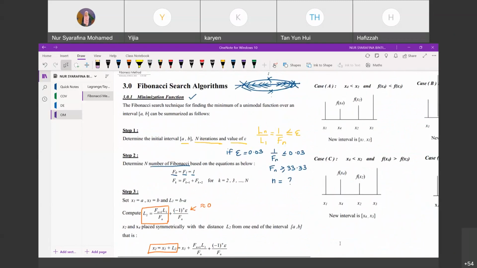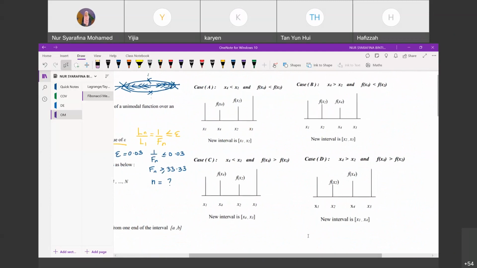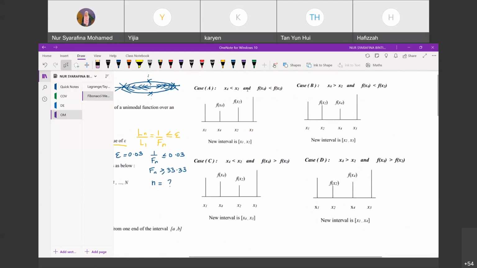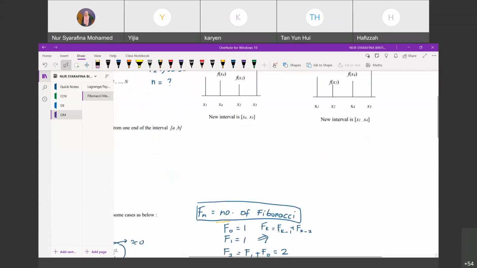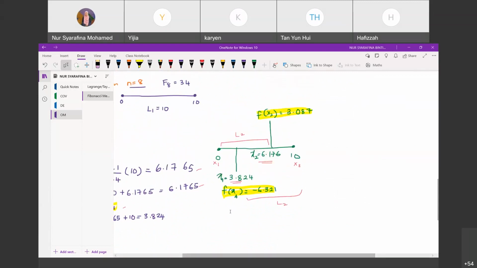So let's take a look at the cases here. When x4 less than x2 and fx4 less than fx2, your new interval is x1, x2. Look at your values. Now, x4 and x2, which one is greater? Which one is smaller?